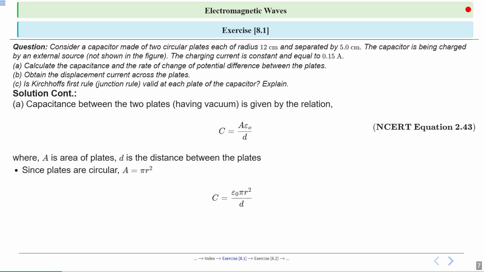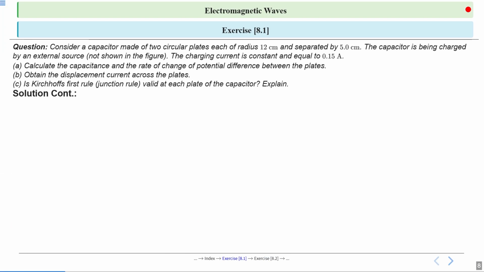So C is equal to epsilon naught pi r square upon d. Put the values of r and d, epsilon naught and pi to find the capacitance of the capacitor.